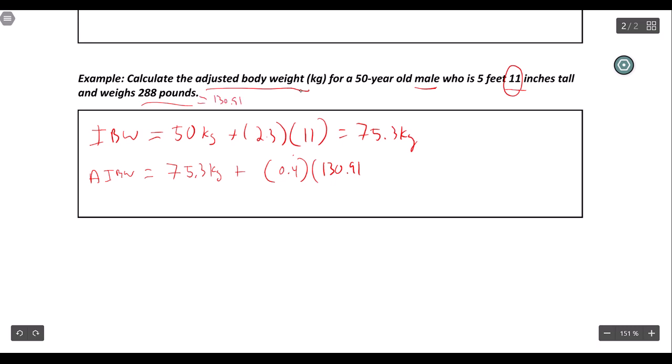And I'm sure you know how to do that right now. And this is the difference between the actual and the calculated ideal. If we do that in the calculator, we should get about 97.54 kgs as the adjusted body weight, taking into consideration the amount over the ideal plus the proportion of adipose tissue being in there.